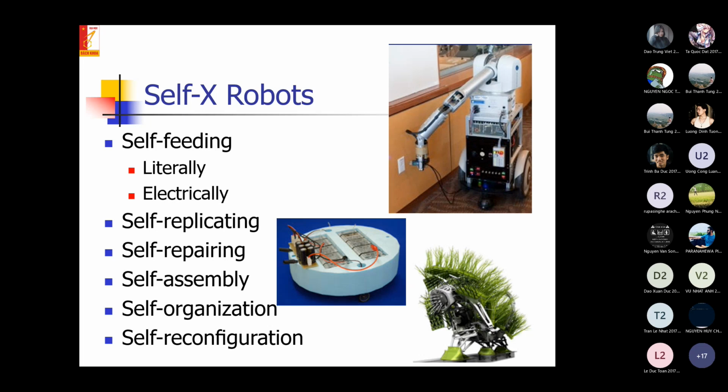And we already have some movies that demonstrate this kind of robots. And in fact, the scientists also developed some in some laboratories, and some are already becoming commercial versions.